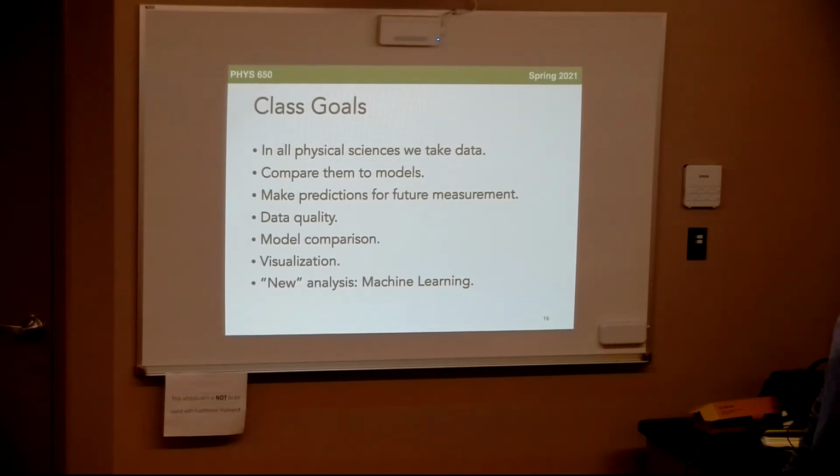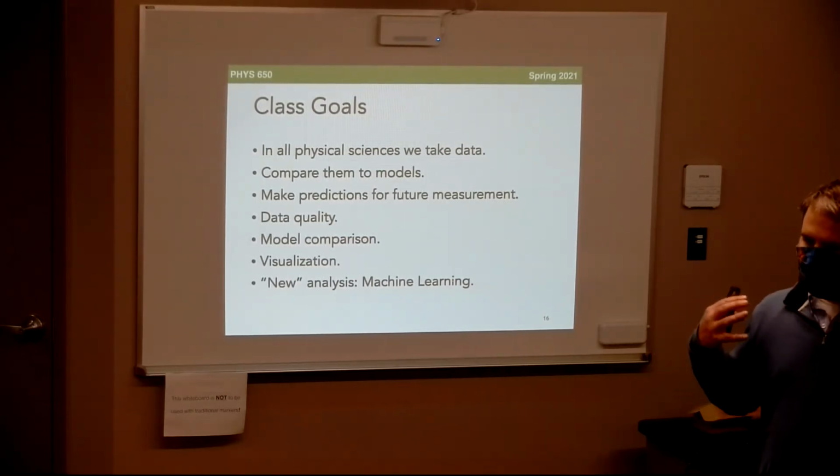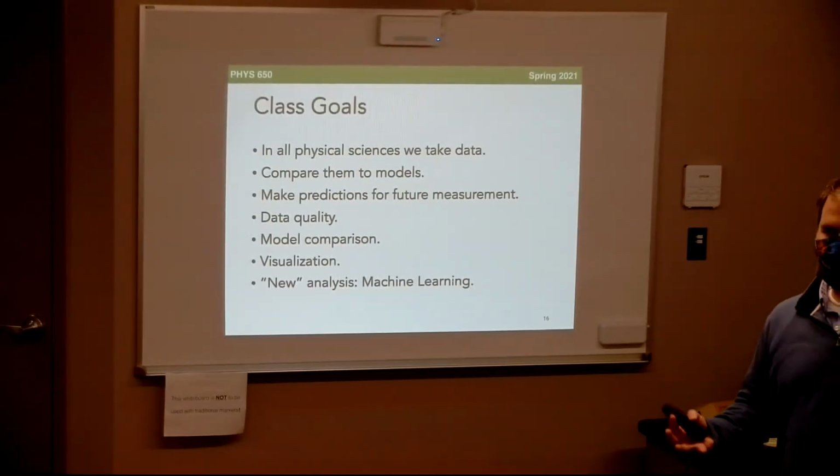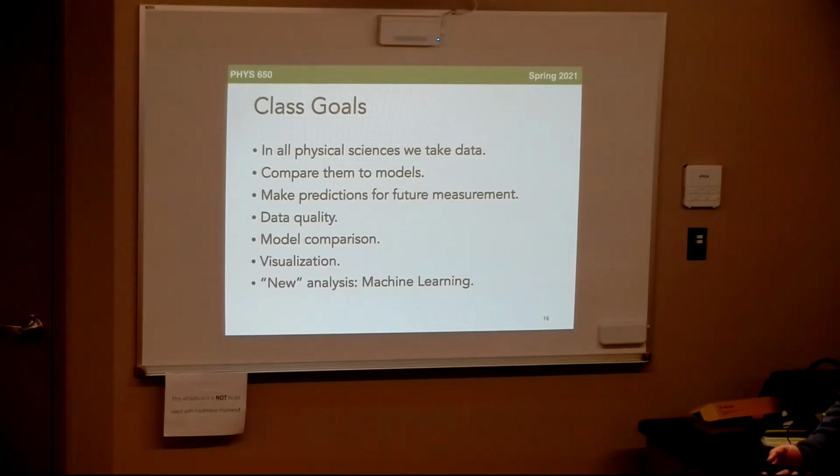So the goals are really, we have data in the physical sciences. Unless you're some paper and pen theorist, which is a vanishingly small part of physics, you have data and you have a model that you want to compare that to. You have a theoretical model, or something that you want to compare to your data. You have predictions that you want to make based on said model.